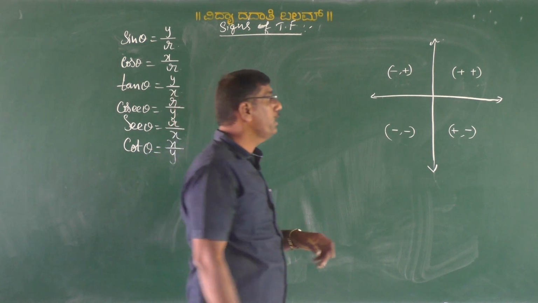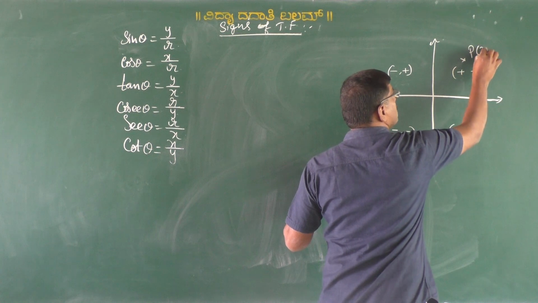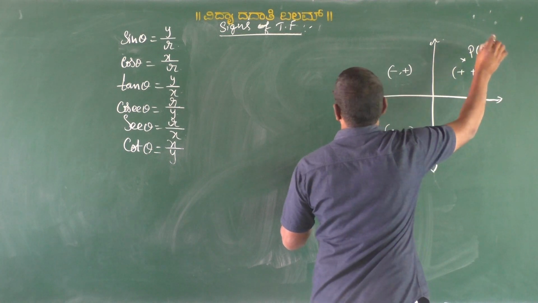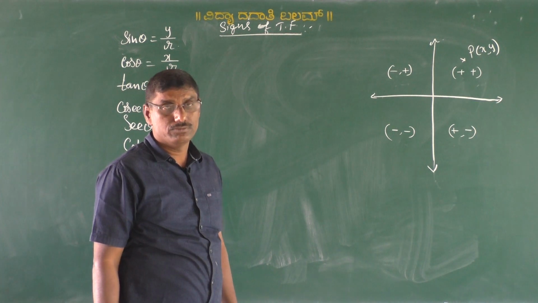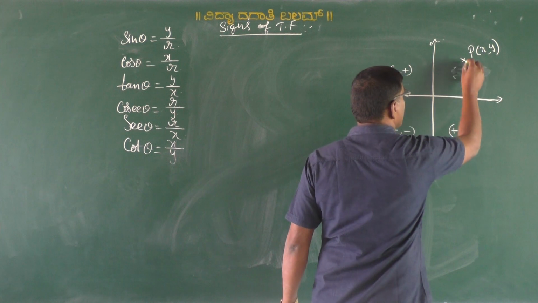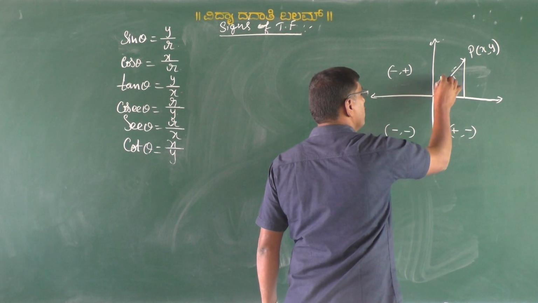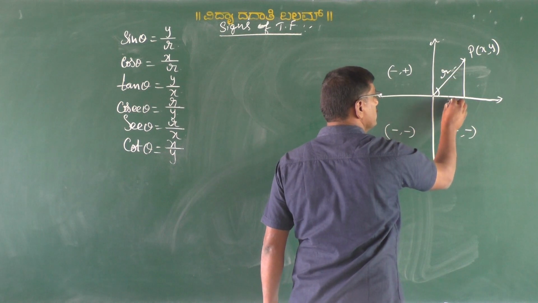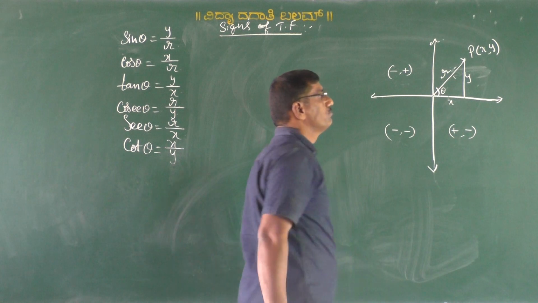If I consider a point in the first quadrant, that is P of x comma y, then we know, my dear students, this is r, this is x, this is y, this is theta.